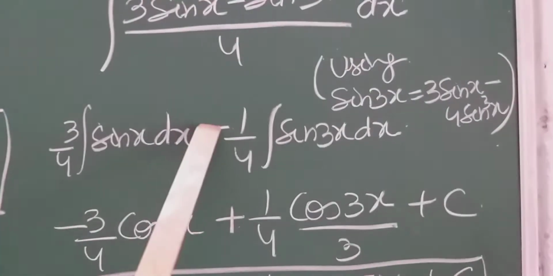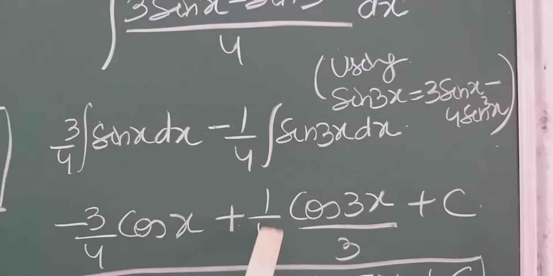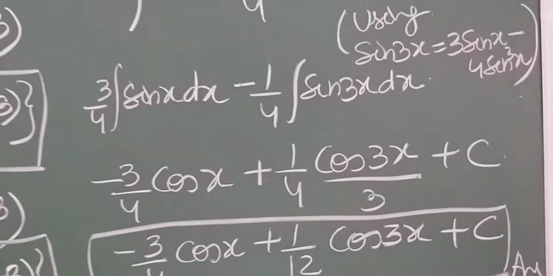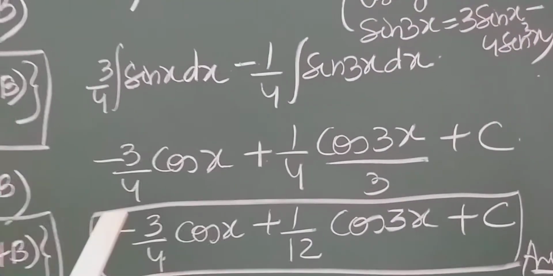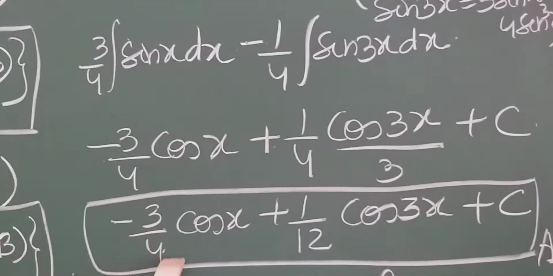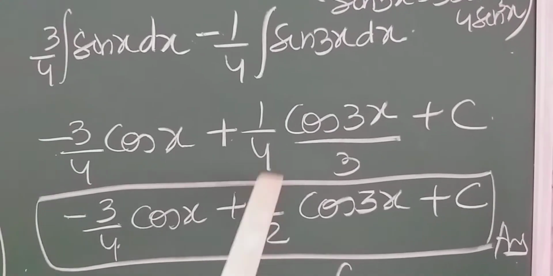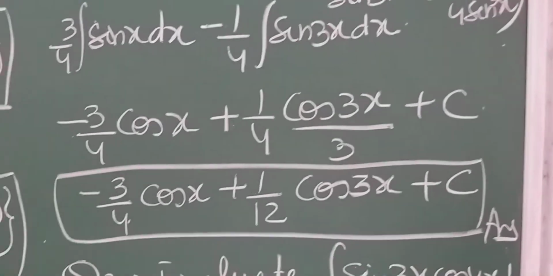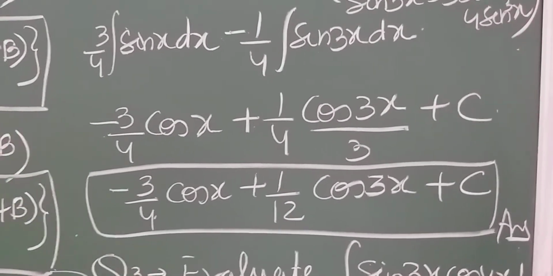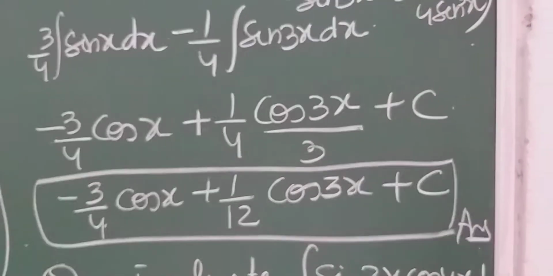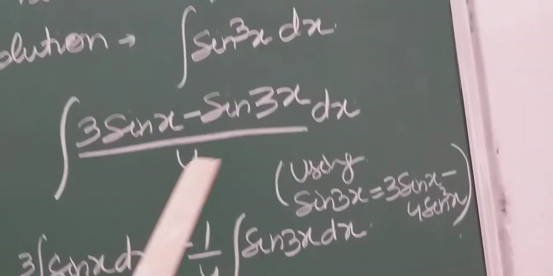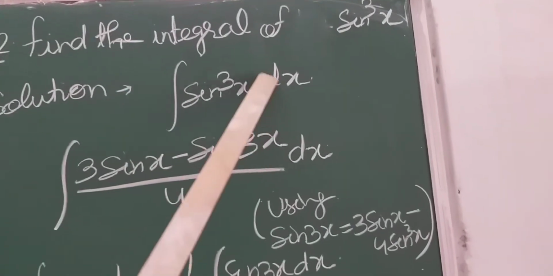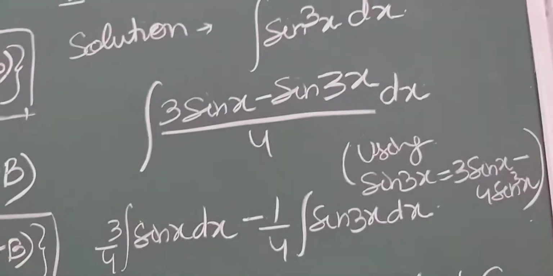So minus and minus become plus 1 by 4 cos 3x upon 3 plus c. Its integration is minus 3 upon 4 cos x plus 1 by 12 cos 3x plus c. Okay students, here we used the sine 3x formula to calculate the integral of sine cube x.